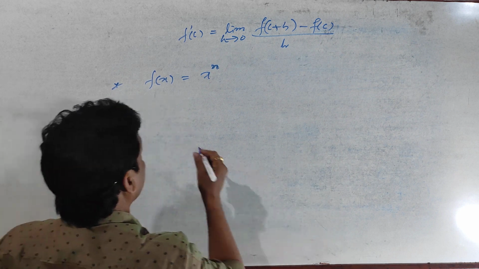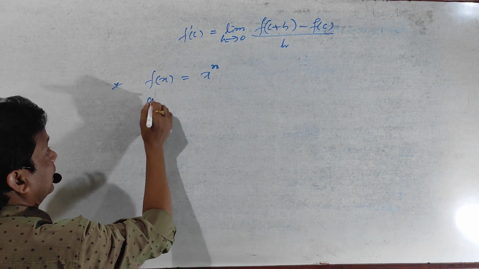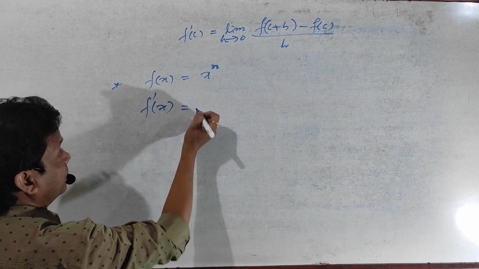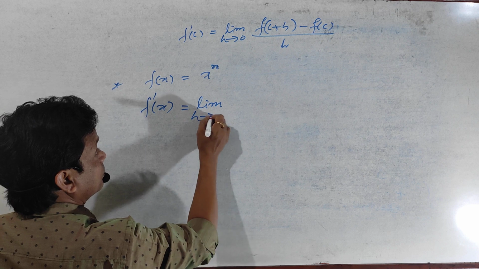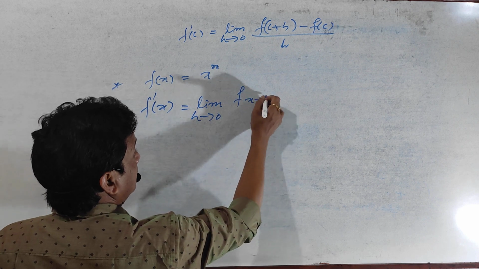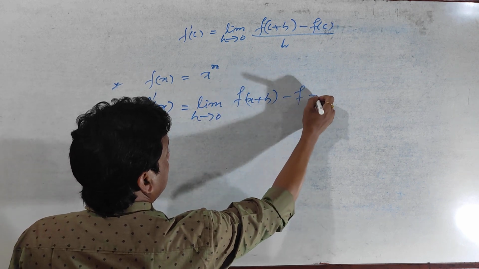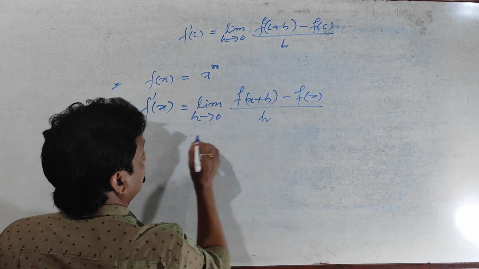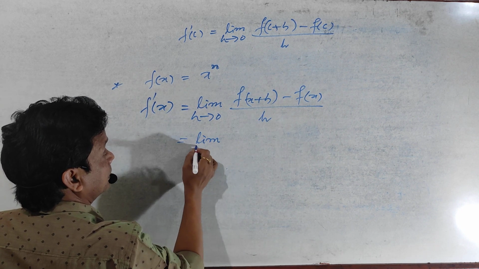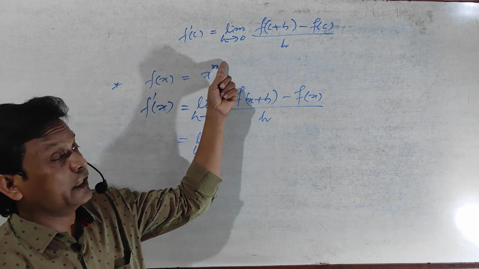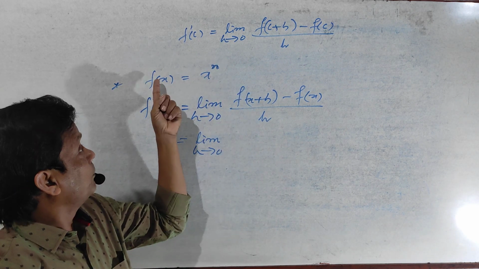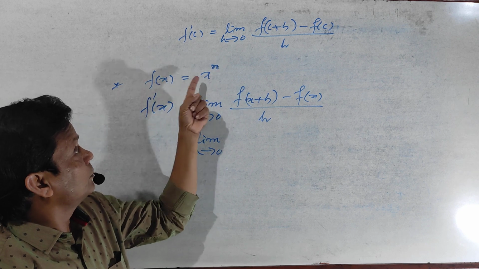See here, what is the formula for f dash x? It is the limit as h tends to 0 of f of x plus h minus f of x divided by h. Here f of x will be x to the power n. F of 5 will be 5 to the power n. F of 6 will be 6 to the power n.